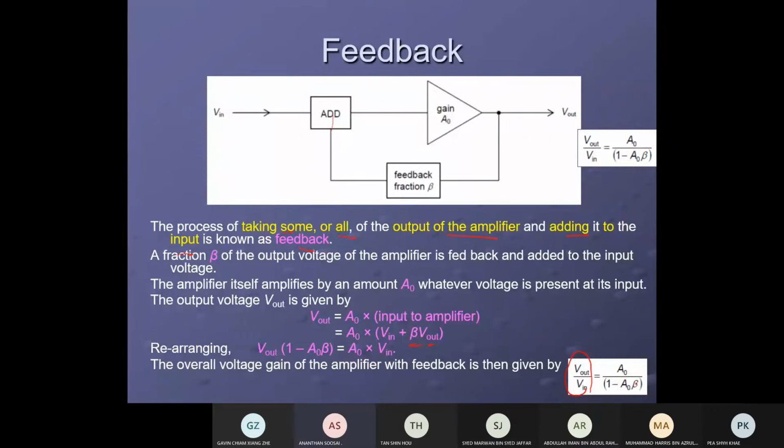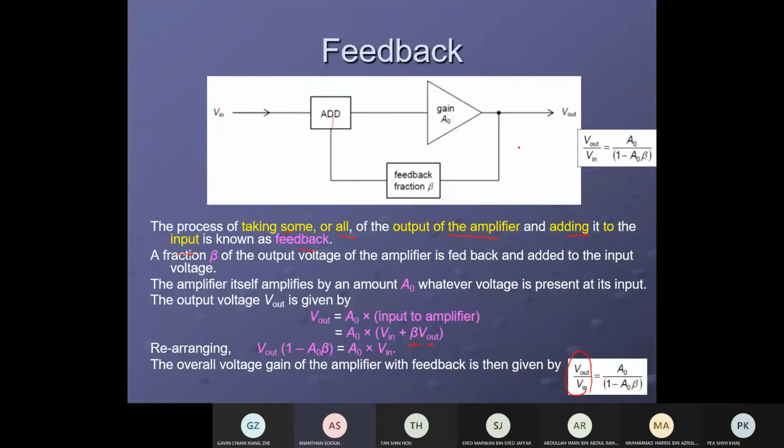The denominator, 1 minus A naught beta, is more than 1, so the gain will drop. The overall voltage gain of the amplifier with feedback is then given by this, so the gain is found to be decreasing.